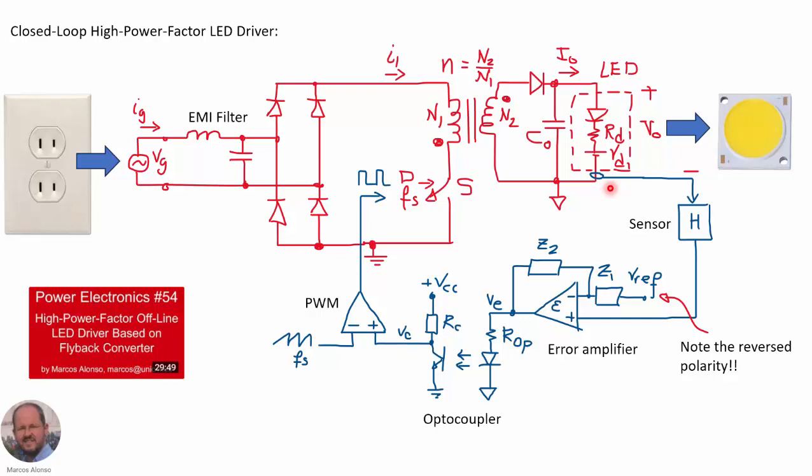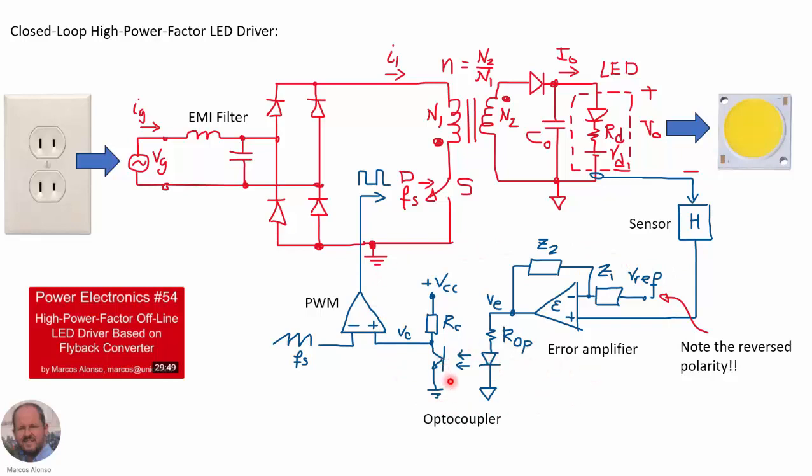As we know, this type of applications, LED drivers, need to regulate the current through the LED, so it is going to be kept constant, disregarding the change in the LED itself due to change in the temperature or change in the characteristics of the LED, and also due to changes in the input voltage. So for this we measure the current through the LED using a sensor represented here by H, and then we implement a compensator as shown here.